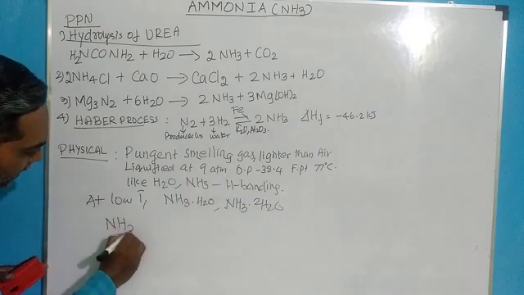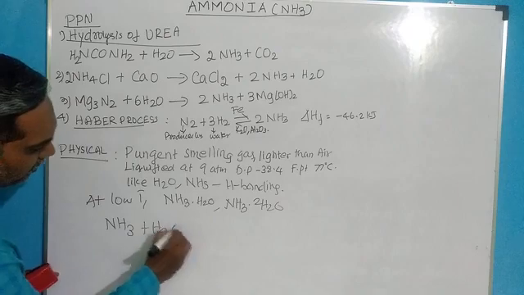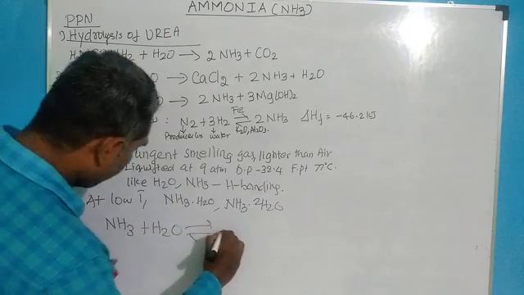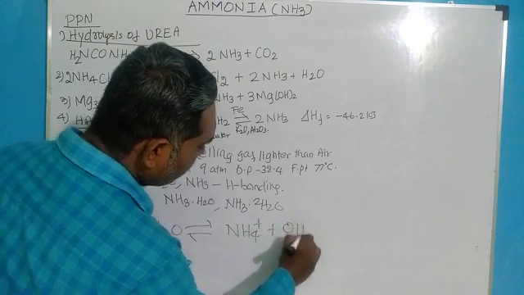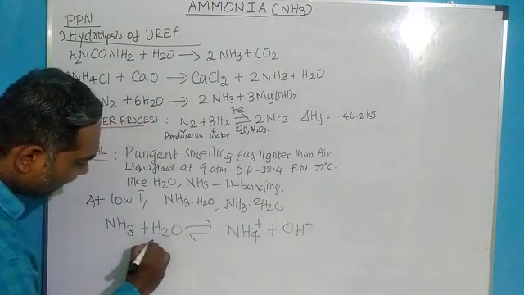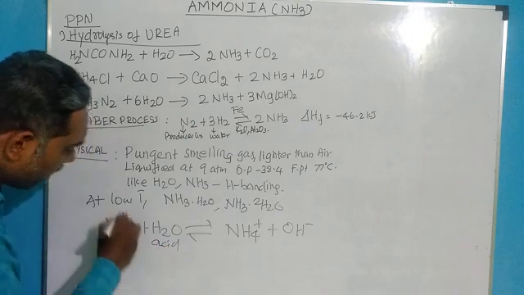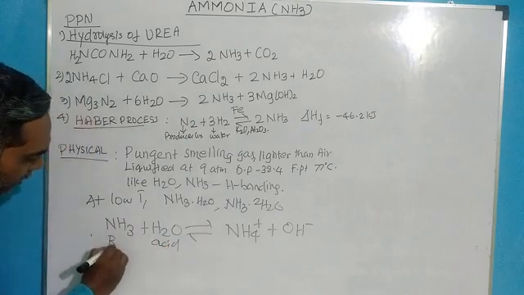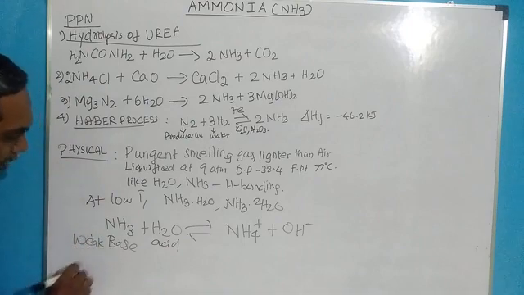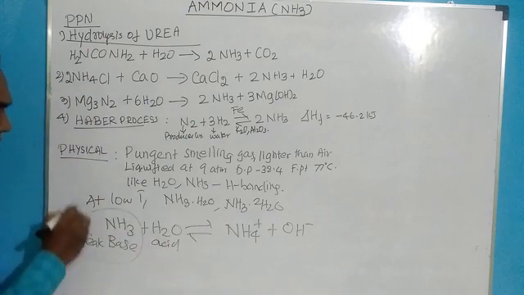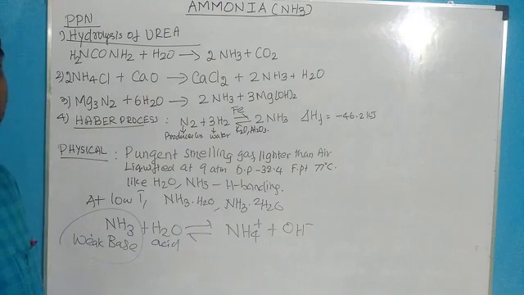If you take water, it will become NH4 plus and OH minus. So here water acts as an acid and ammonia is a base. With this experiment we can prove ammonia is a weak base.